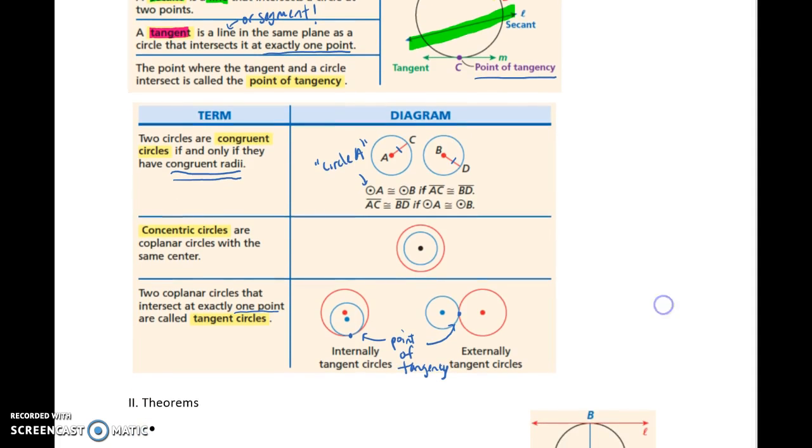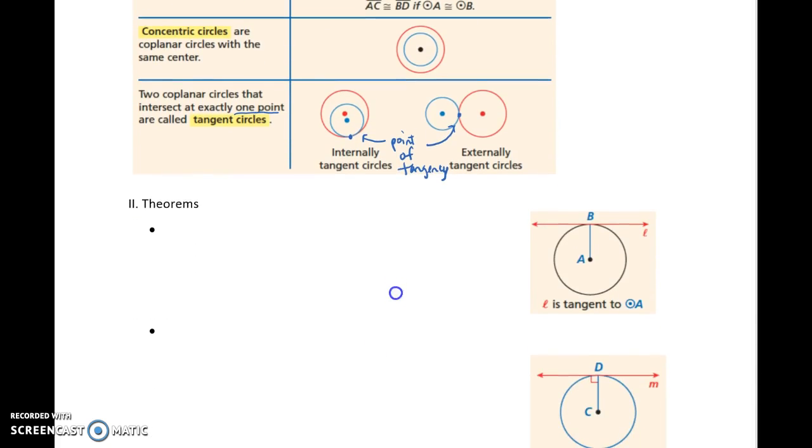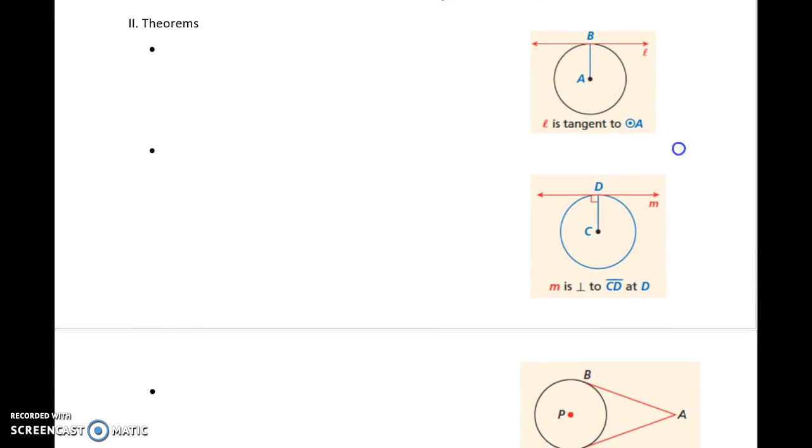Okay? So we have some theorems we're going to deal with, and drumroll, with theorems we are also going to come back to some proofs. So, kind of coming full circle here at the end of our course. The first theorem deals with this picture here. You're going to be given a tangent, a line or segment that is tangent to a circle. And what do we know about this?